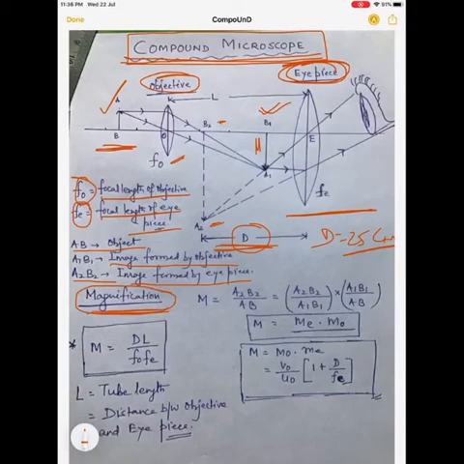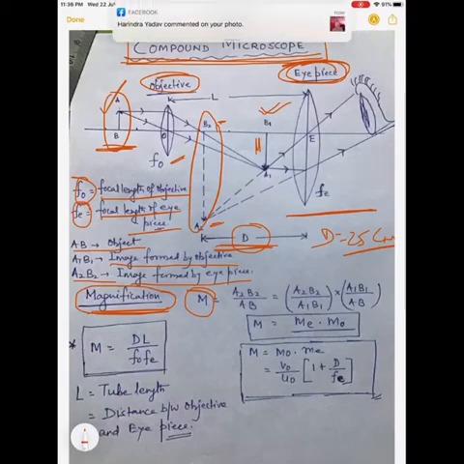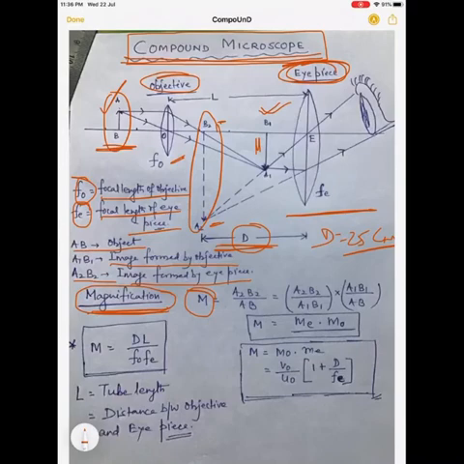So magnification means size of image upon size of object. Here the final image is A2B2 and the object is AB. So A2B2 upon AB is the magnification. And if we multiply and divide it by A1B1, that is the size of the image made by the objective lens, so A2B2 upon A1B1 into A1B1 upon AB.